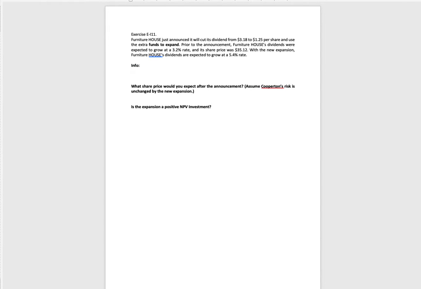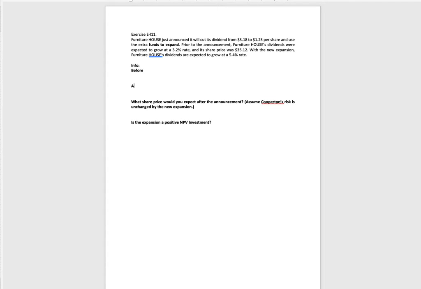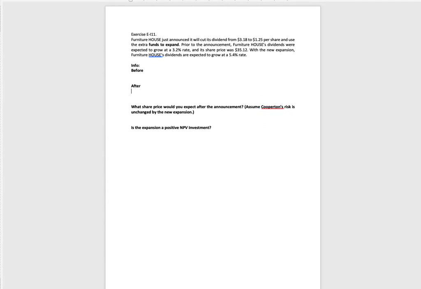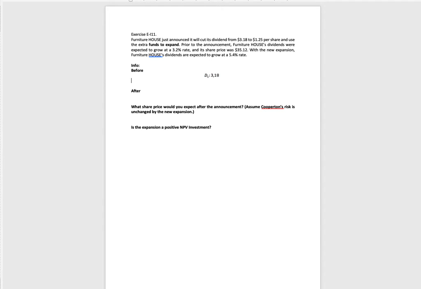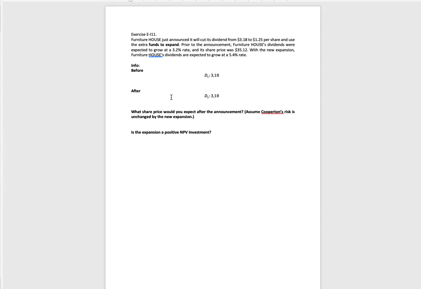So we have a before and an after. Before, the dividend was 3.18, and after they will only pay out 1.25.